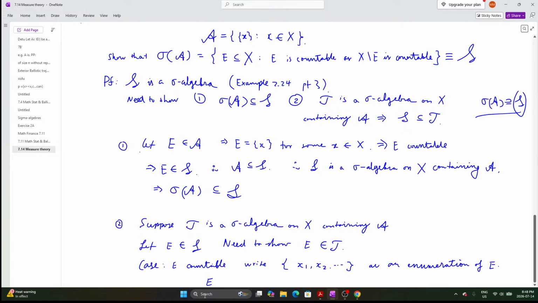I think it has to do something with this one, right? So you can consider two cases. Here you have E in S, so E is either countable or has countable complement.